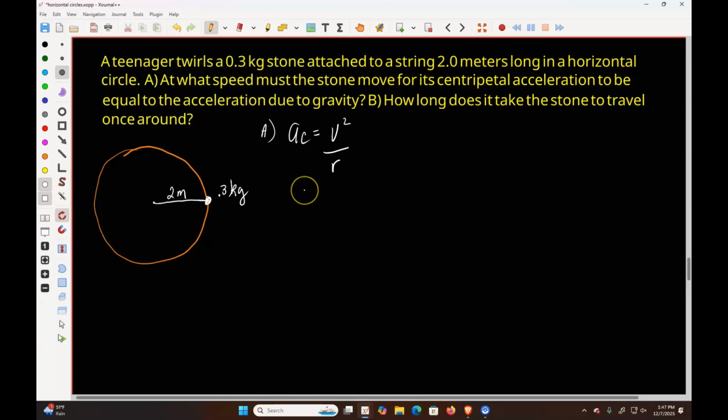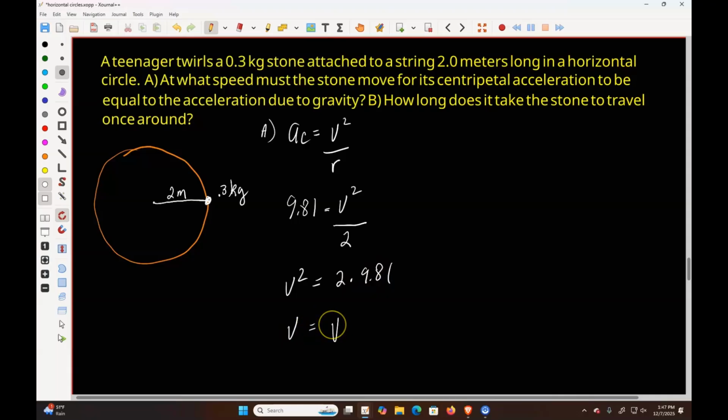Okay, I'm going to use 9.81 meters per second squared. It's equal to the velocity squared divided by 2. So the velocity squared is going to equal 2 times 9.81.